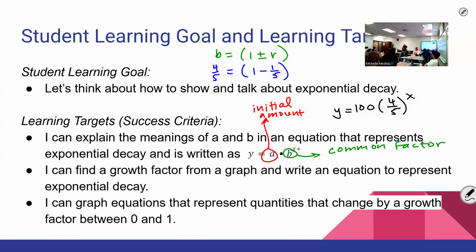What's the equivalent decimal of 4/5? 4 divided by 5. Put it in your calculator if you need to. Okay, so 0.8. Is that a number between 0 and 1?